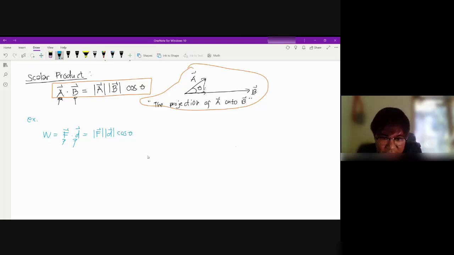So kung nakay butang, so for example, nakay object here, and di siya mass M, so nakay force nga gi-apply padulong didto F, and then nag-move ang imong object padulong didto, this is displacement.